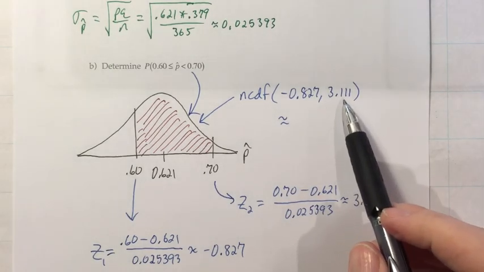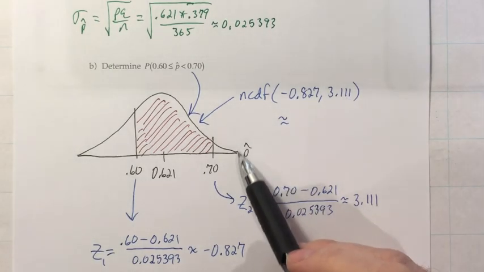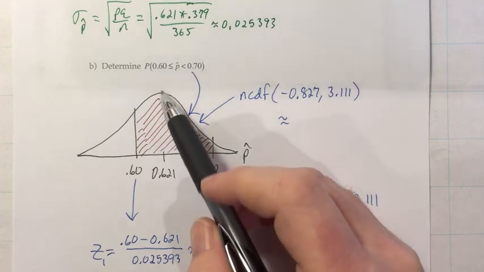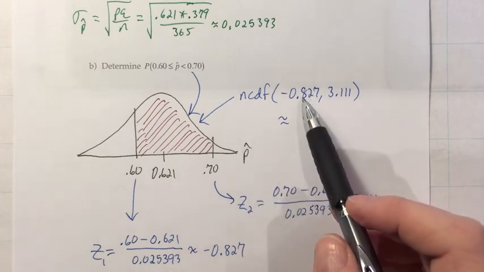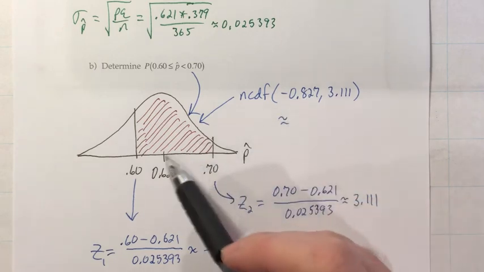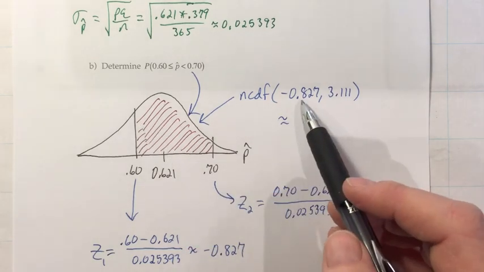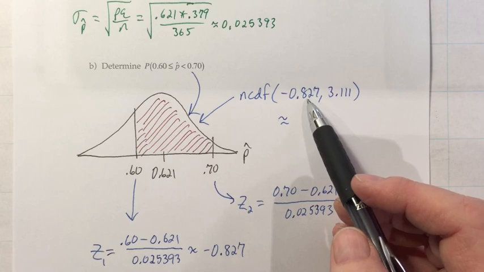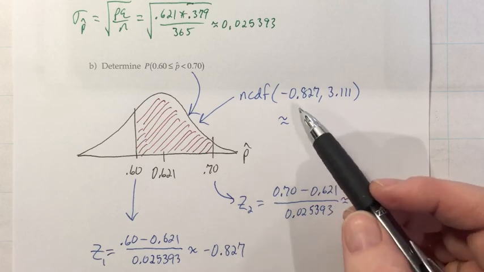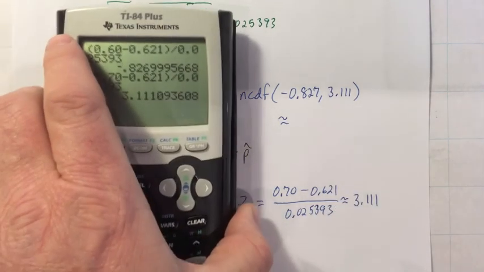If the right z-score is really at 3.111, that means it's basically all the way out to the edge of the visible part of the graph. So I have the whole 0.5 on the right-hand side, basically. And on the left, going almost 1 standard deviation should pick up quite a bit. If I went over to negative 0.674, that's the quartile value, that'd be another 25%. This is even more. So maybe an answer around 80%. Let's have a look.